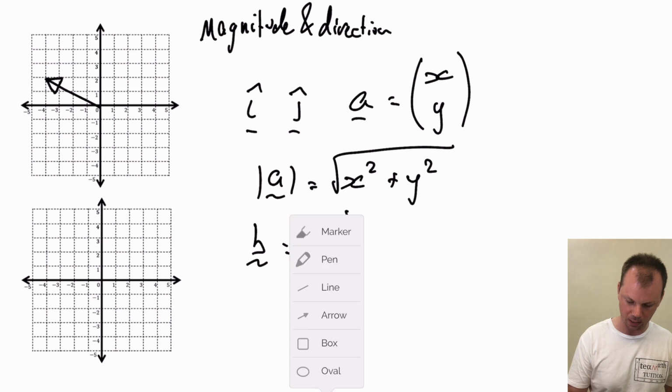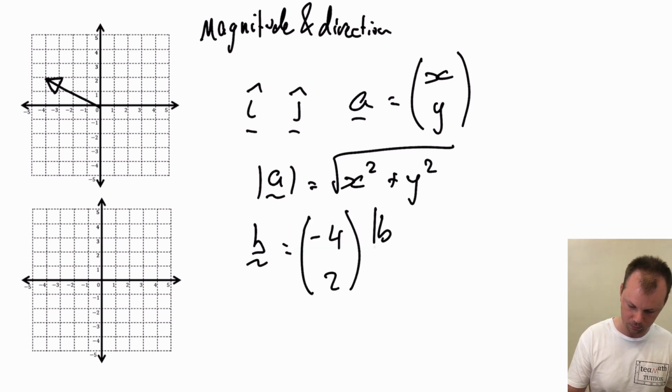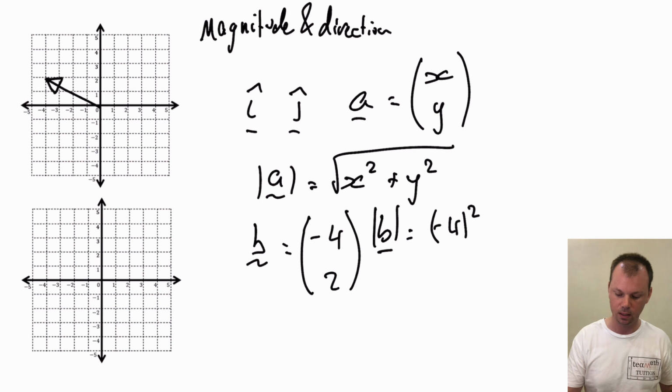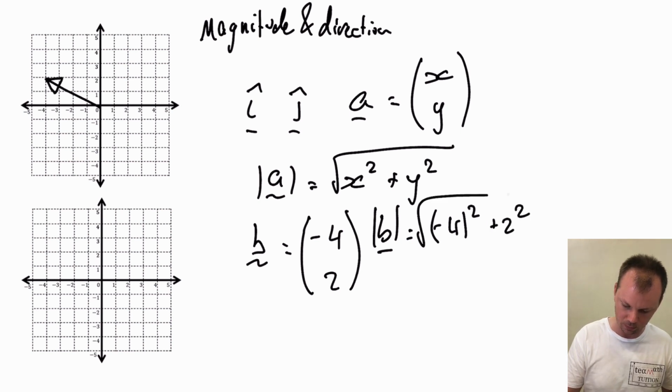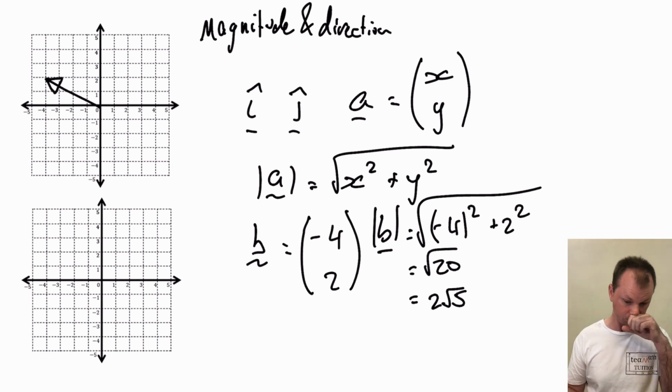So we can say our magnitude of B equals -4 squared. Again, the whole -4 needs to be squared, so all of it goes in the brackets, plus 2 squared. We get 16 plus 4 is root 20, which is what I had before. So it also works in the negative direction. That's how we calculate magnitude.